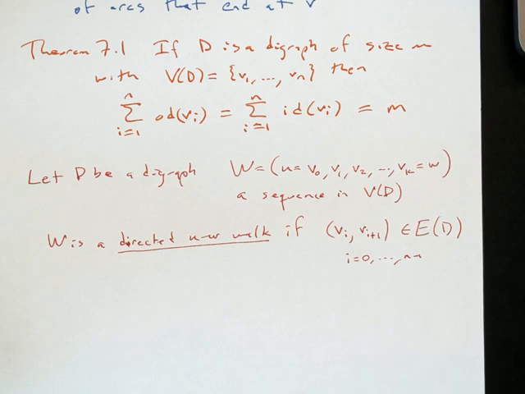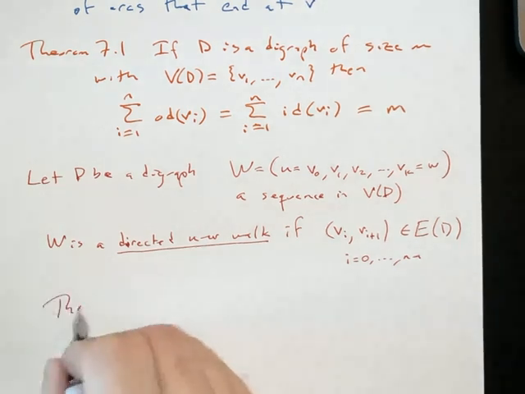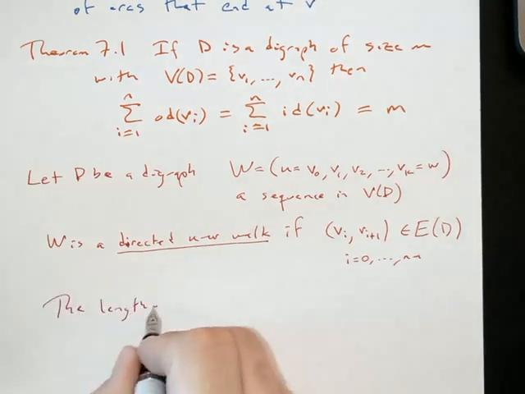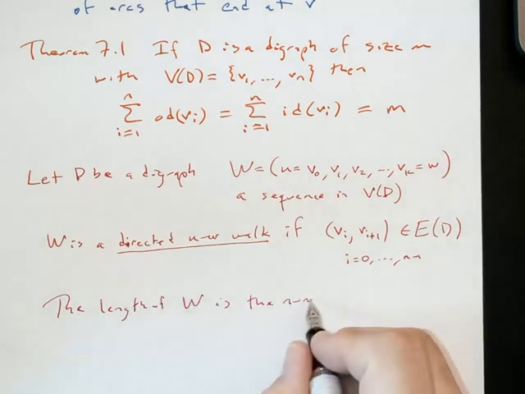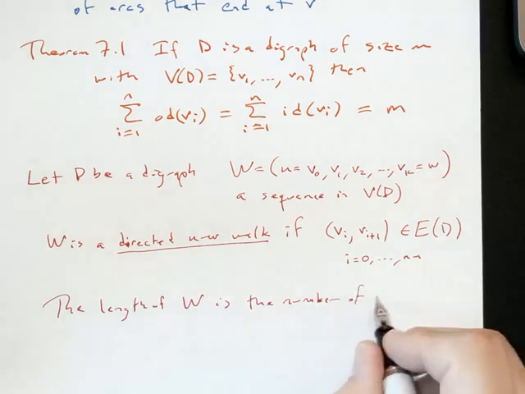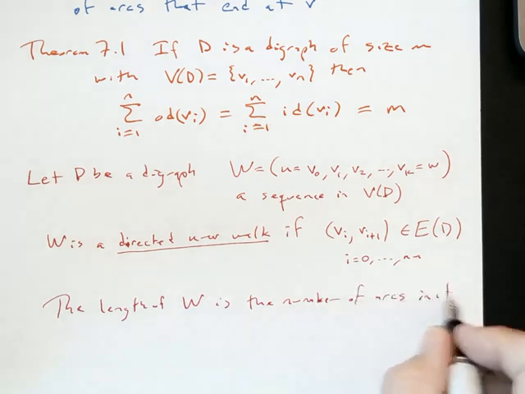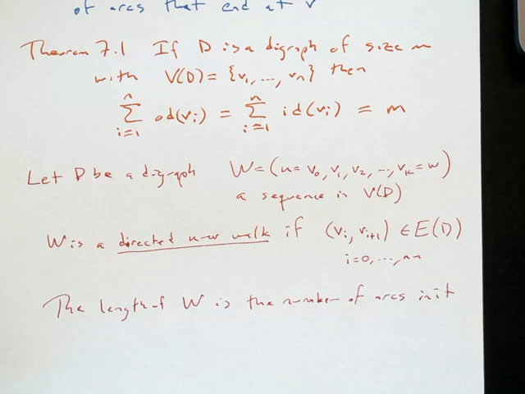For a walk, we use length. So that one up there has length K.